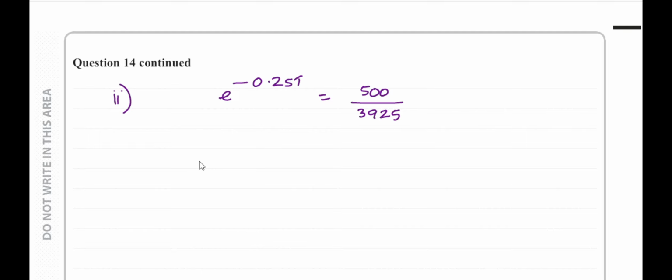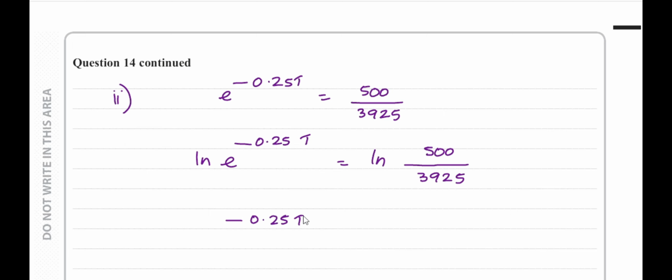Taking ln on both sides, we can say ln e to the power of minus 0.25 t equals ln 500 over 3,925. Okay. Therefore, this ln and the e will cancel, so we can say minus 0.25 t equals ln 500 over 3,925.